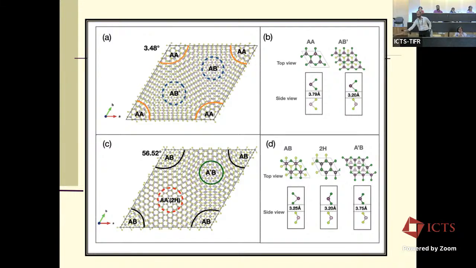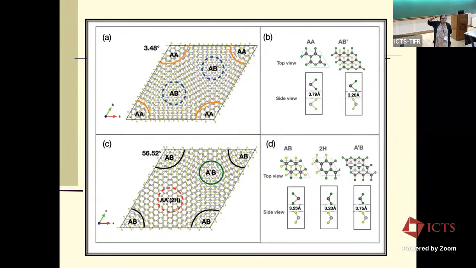So we haven't looked at the optical properties of these specifically. The main thing is that it's an indirect gap. The conduction band minima is not at the same point as the valence band maxima, but at a different point. So that's one aspect.